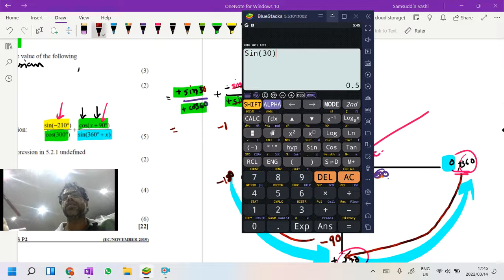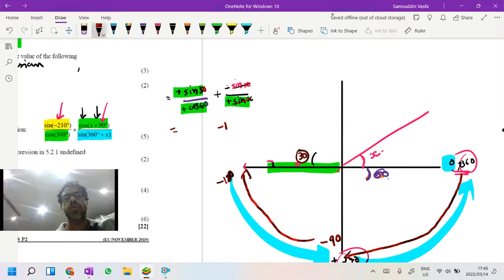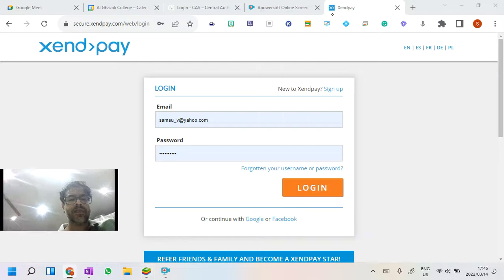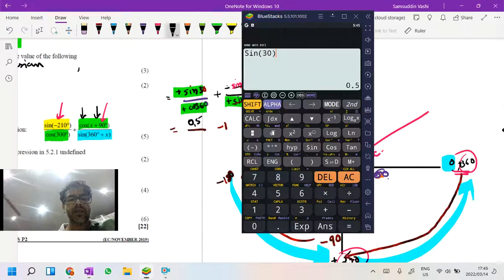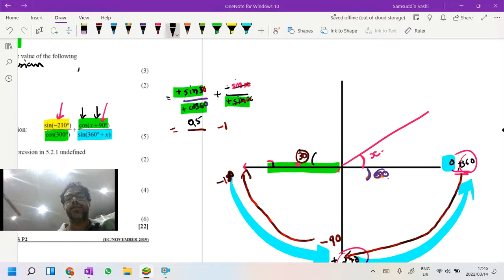It tells me 0.5 or 1 over 2. So I write that answer, 0.5, in the numerator, and then let me check cosine 60. That is also 0.5.